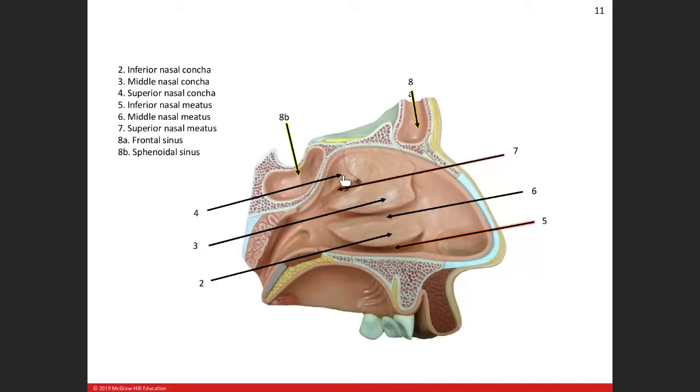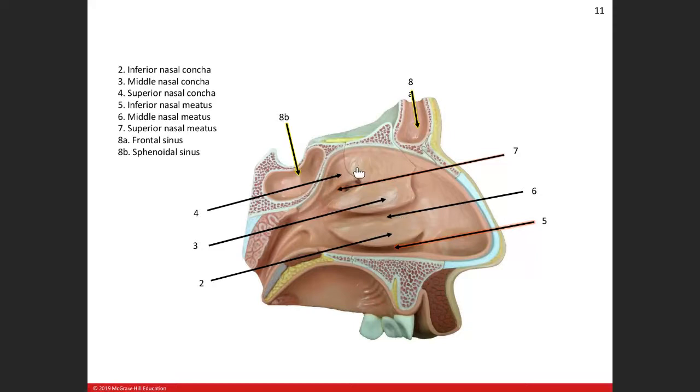superior nasal concha. And then underneath the concha, you have these spaces. And these spaces we call a meatus. So below the inferior nasal concha, number 5 here, that is the inferior nasal meatus. In between the inferior nasal concha and the middle nasal concha, all right, that space there is the middle nasal meatus.